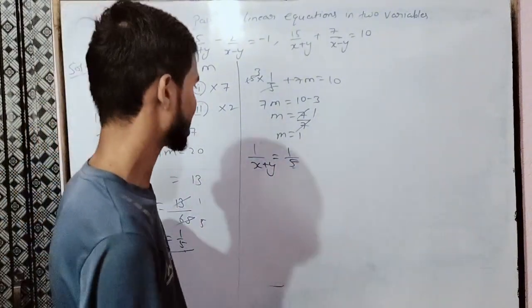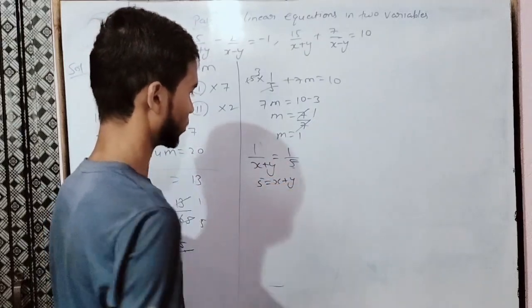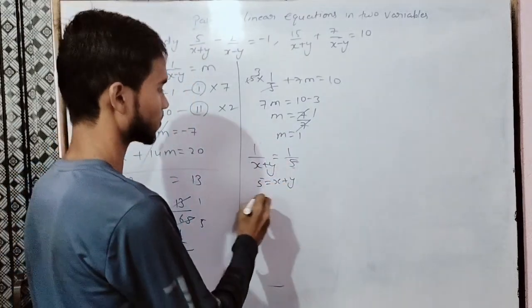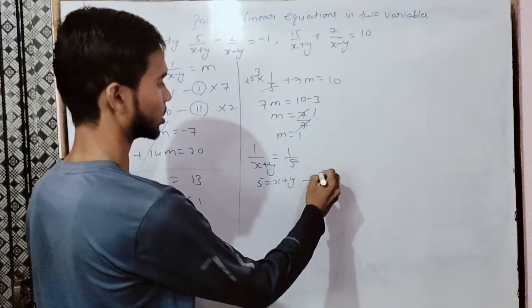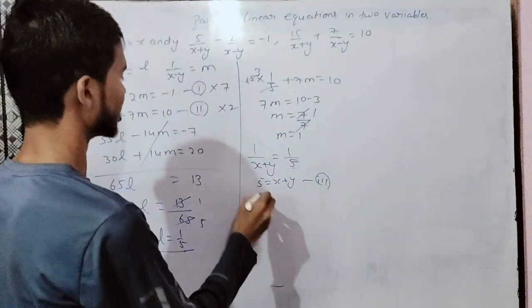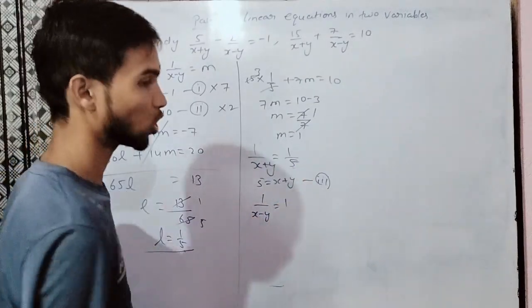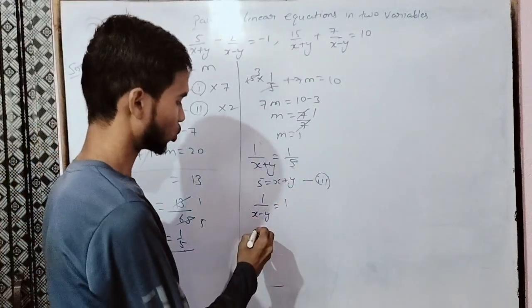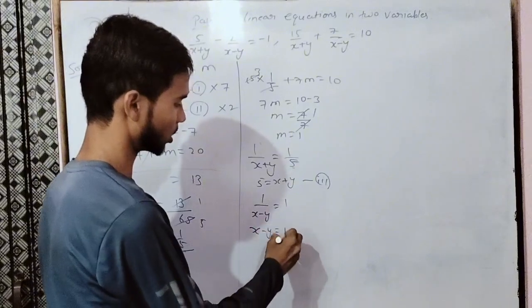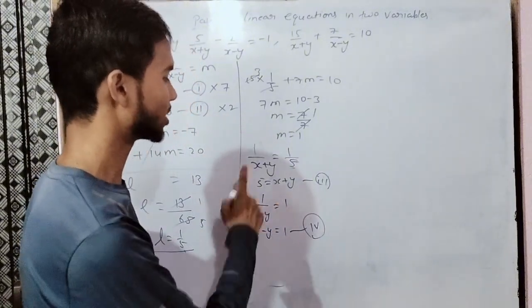Okay, no problem. So x plus y is 5. Clear. This is, let's say, the third equation. Now m is how much? m is 1. So can we say x minus y is equal to 1? This is the fourth equation.